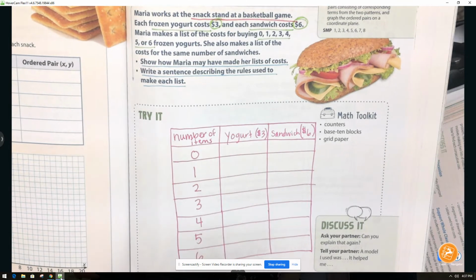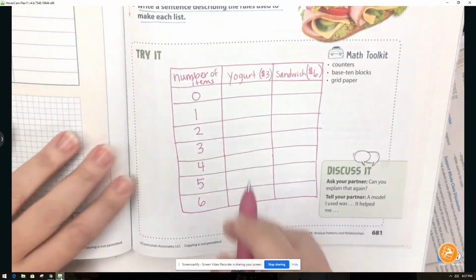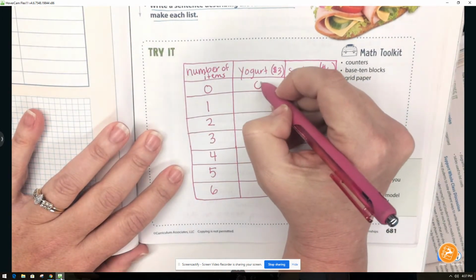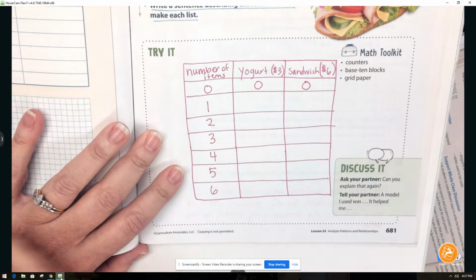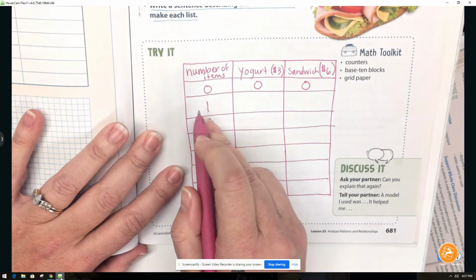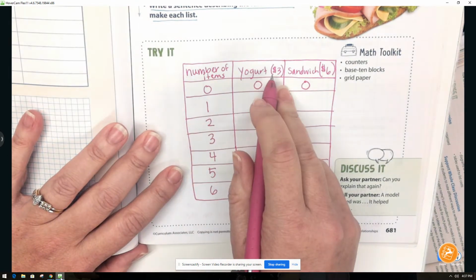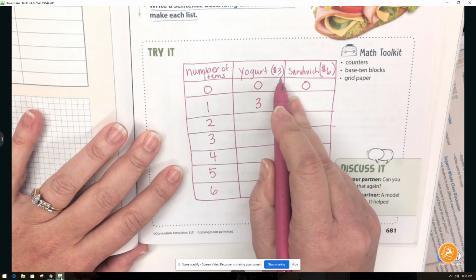So now I have my table ready to go. So now I just need to figure out how much does it cost if I have each of those number of items. So if I have 0 yogurts, it costs $0 because I have none. If I have 0 sandwiches, it also costs $0. Now if I have 1 yogurt, I'm just going to go ahead and do all the yogurts first. If I have 1 yogurt, that will be $3 because each yogurt is $3.